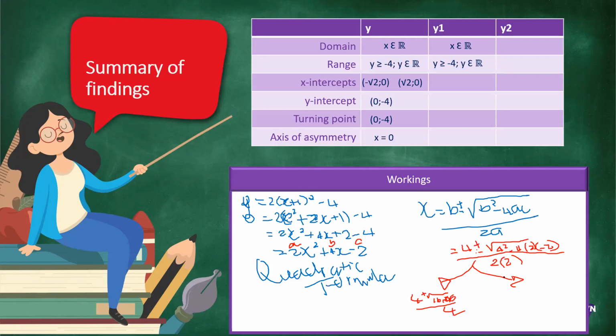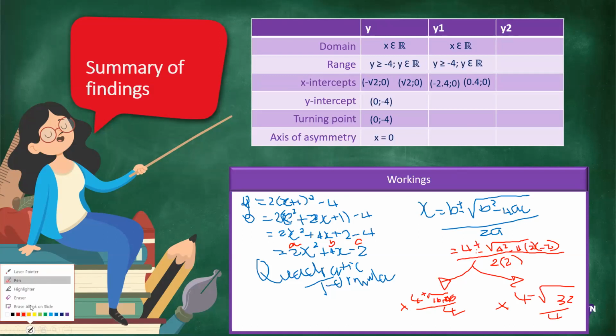And the other is minus 4 minus the square root of 32 over 4. These are your two x's, and these are your intercepts, right? So I worked that out, and I came to minus 2.4 and 0, and 0.4 and 0. Those are my intercepts, and this is how I went about it, okay?